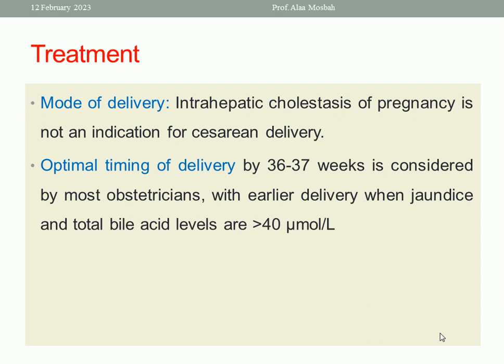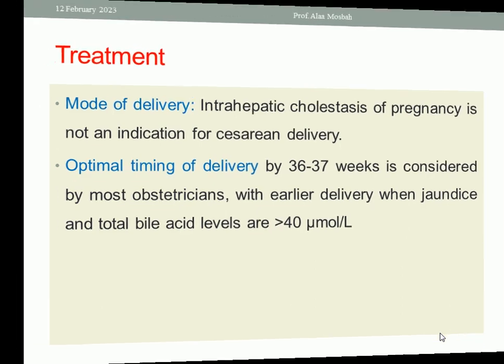So, earlier delivery, some advise between 35 to 36 or at 36 if bile acid is more than 40 micromole per liter, because you may be surprised with intrauterine fetal death suddenly. Please take care about this point.